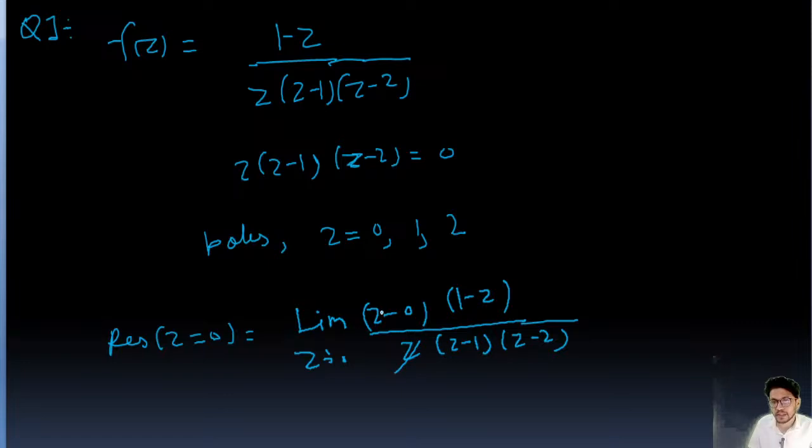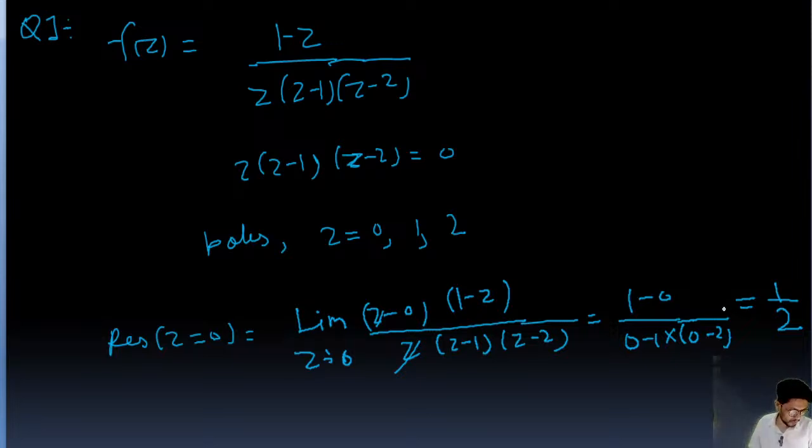So z will get cancelled, and now we'll put z equal to 0. This is (1 minus 0) upon (0 minus 1) into (0 minus 2), and this value is going to be 1 upon 2.